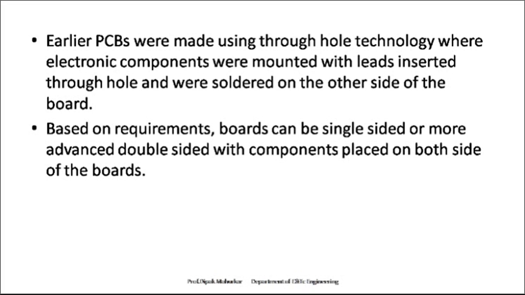Mostly we can make the single sided PCB easily, because one side is copper and one side is the insulating material. We insert the component from the insulating side and do the soldering on the side of the PCB where the copper layer exists. So at that point we can mount the component from the insulated side, and on the copper side we can make the soldering.